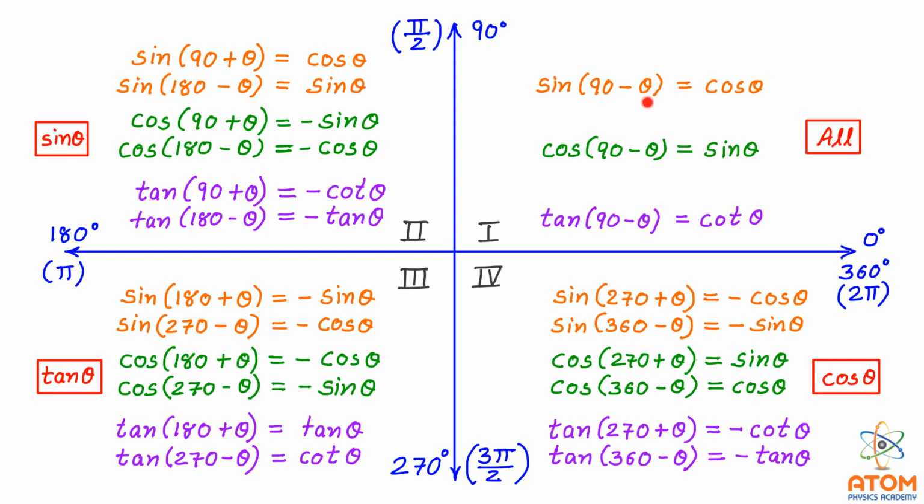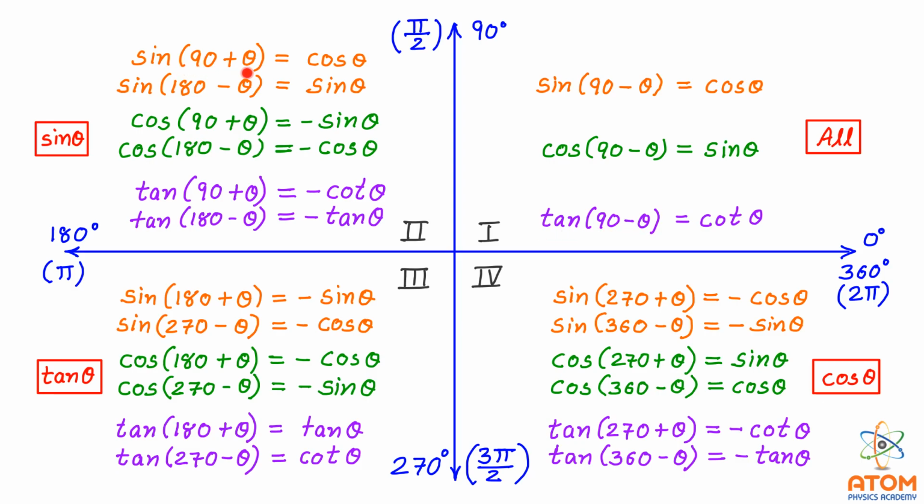Now see these angles written here in the function. All are 90 minus theta. When we write 90 minus theta, it means 90 minus something, so that angle belongs to the first quadrant. That means all of these functions are right now in the first quadrant.